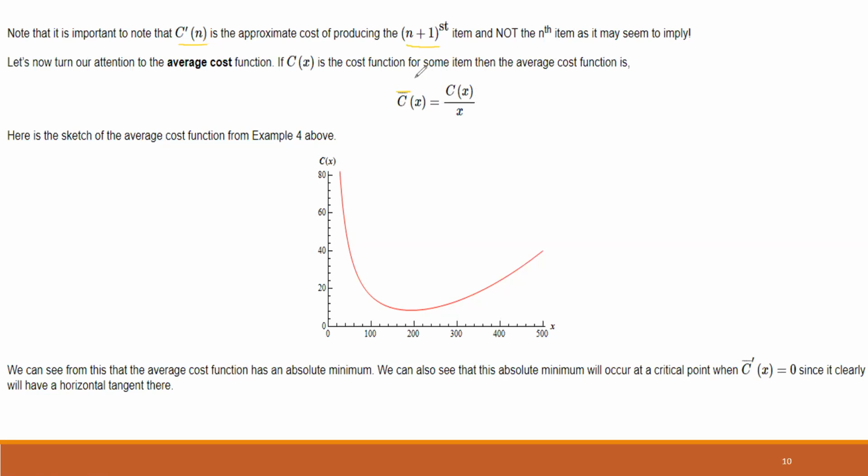So the average cost function is C of x divided by x.